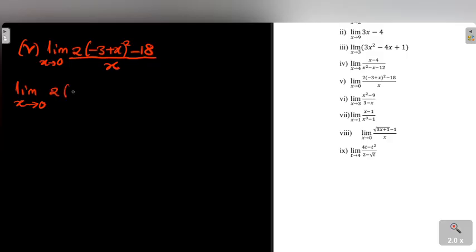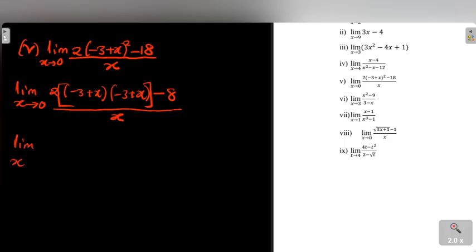This can be repeated twice, so it will be negative 3 plus x, then negative 3 plus x. Then minus 18. The 2 will multiply with whatever you have inside the brackets. Then over x.